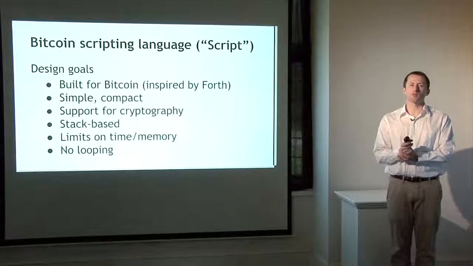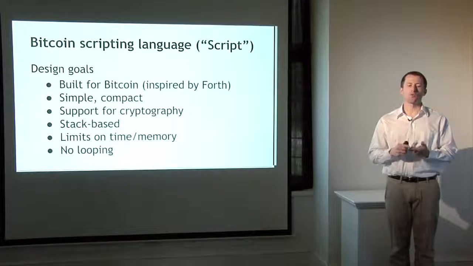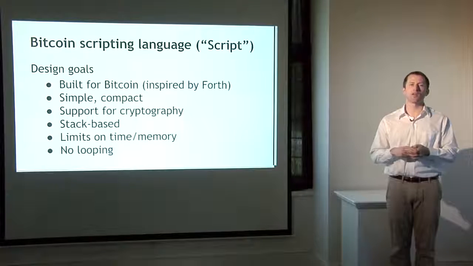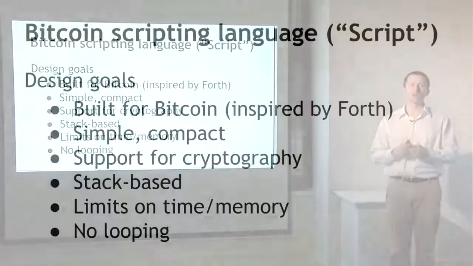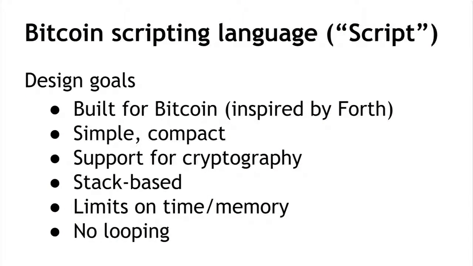The key design properties here were to have something that was quite simple, quite compact, but yet had support for pretty sophisticated cryptography. So there are special purpose instructions to compute hash functions and to compute signatures and verify signatures. And this is a stack-based language. You may have never seen a stack-based language before in your life, but I'll explain on the next slide what that means and why that was chosen.